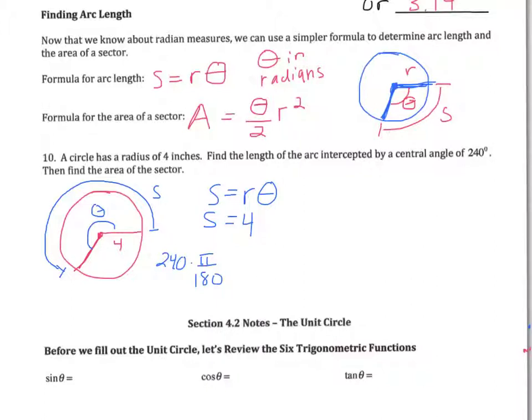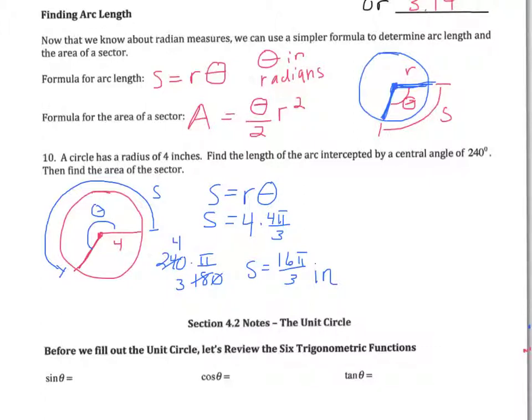I know that 6 goes into 240 and 180, so it goes in here 40 times, and we can cross out the zeros, and it goes in here 3 times. So this would be 4 pi over 3. Then we can multiply those together and get 16 pi over 3. We'll just leave it in terms of pi, and that would be in inches.